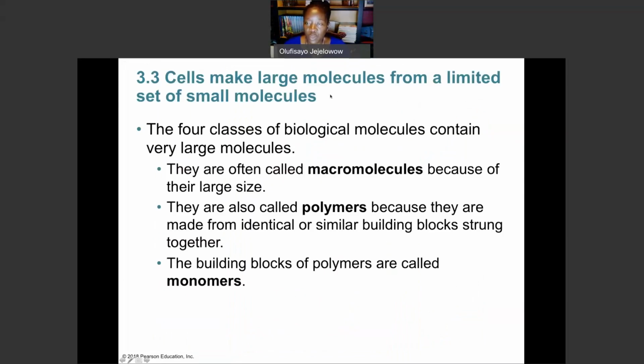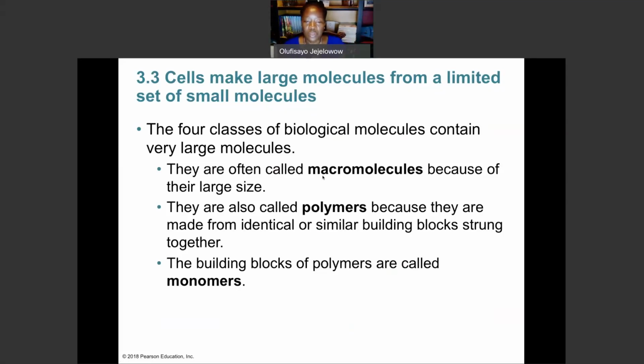Cells make large molecules from a limited set of small molecules. So there are 4 classes of biological molecules that contain very large molecules. The molecules that are large in size, we call them macromolecules. Macro means large, so macromolecules have large sizes.